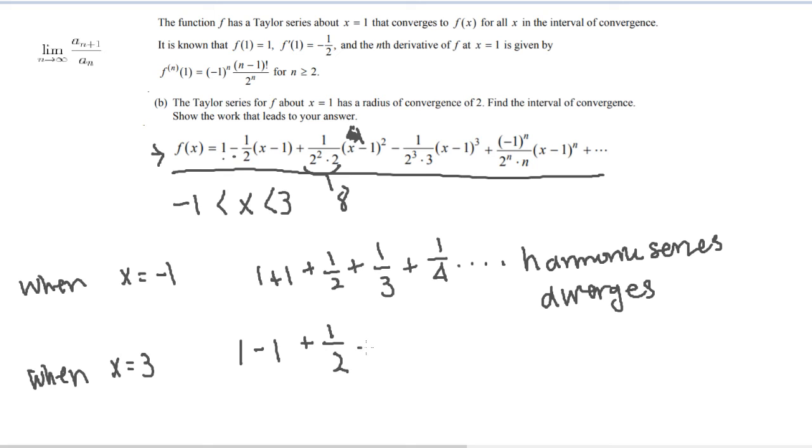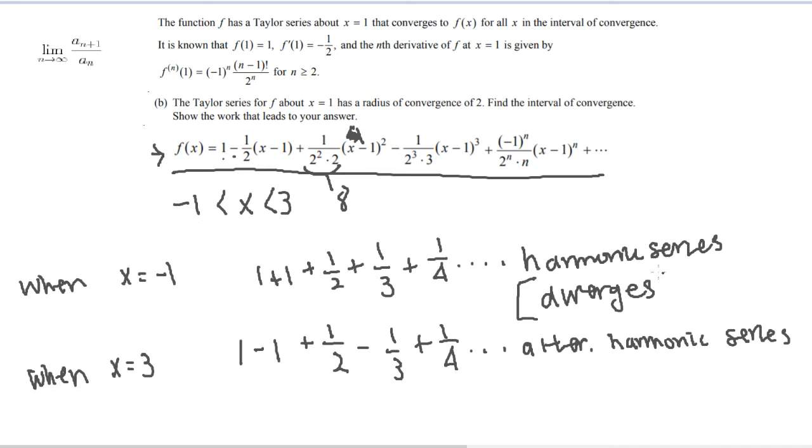And if I keep going, it will be minus 1/3 plus 1/4, dot dot dot. And this is the alternating harmonic series. And again, the negative 1 diverges. For the alternating harmonic series, as its characteristic, it always converges.